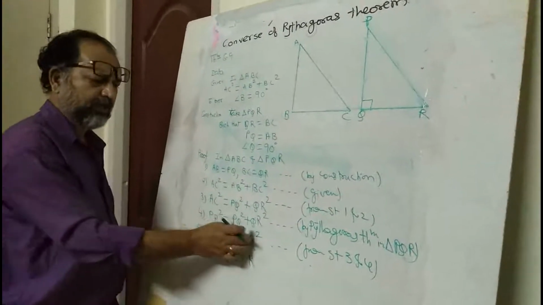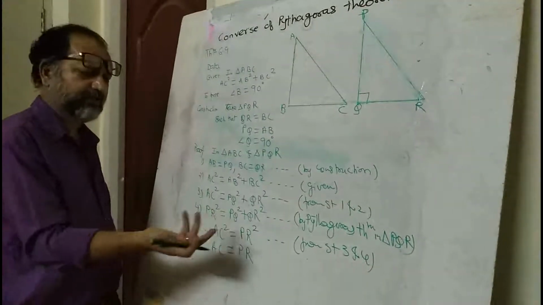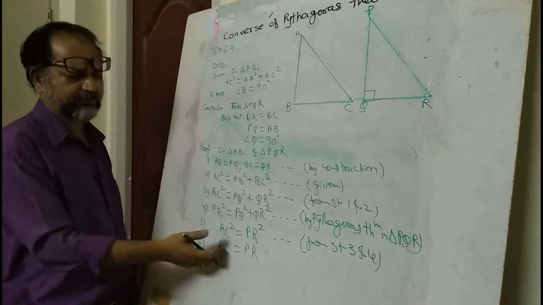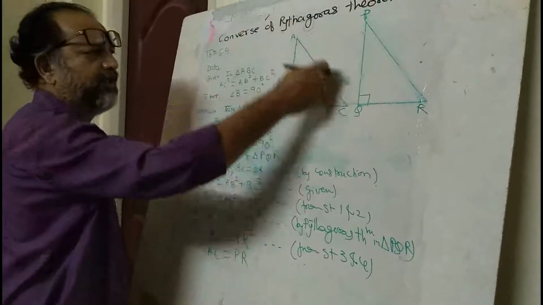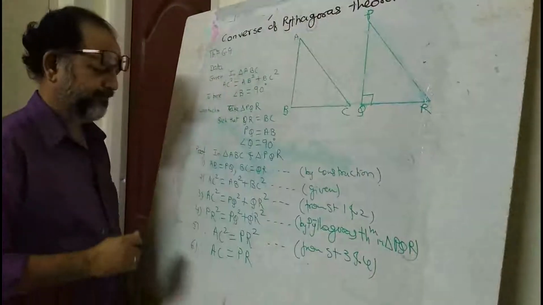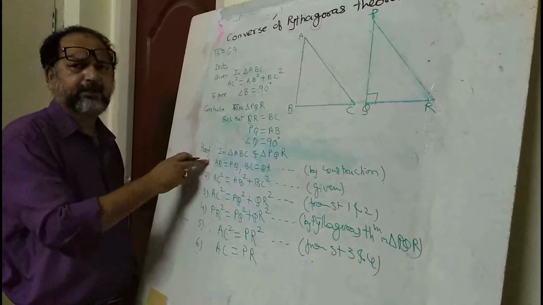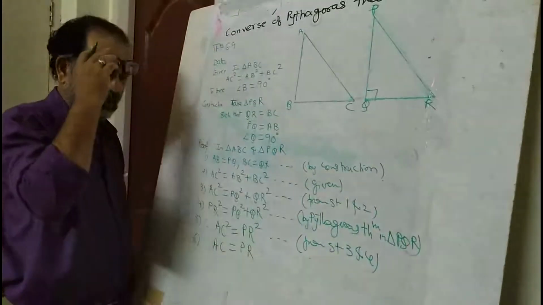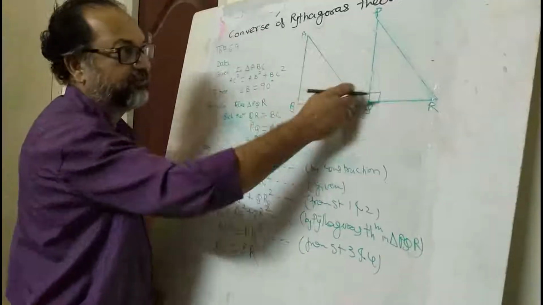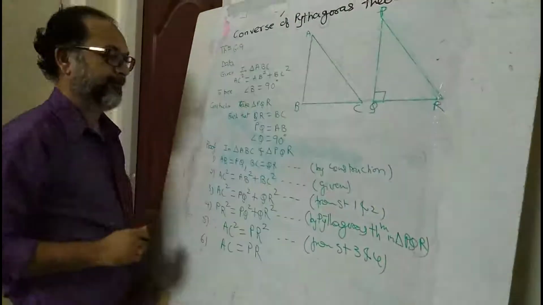Both have to be positive because they are lengths of sides. So their squares are equal, that means their sides are also equal. AC equal to PR. We got AC equal to PR. We have here a statement saying AB equal to PQ, BC equal to QR, and we got now AC equal to PR.